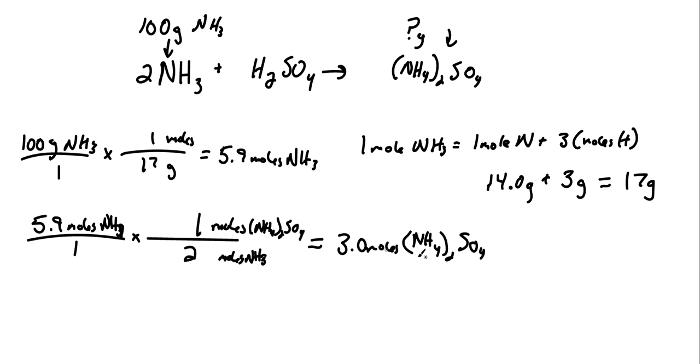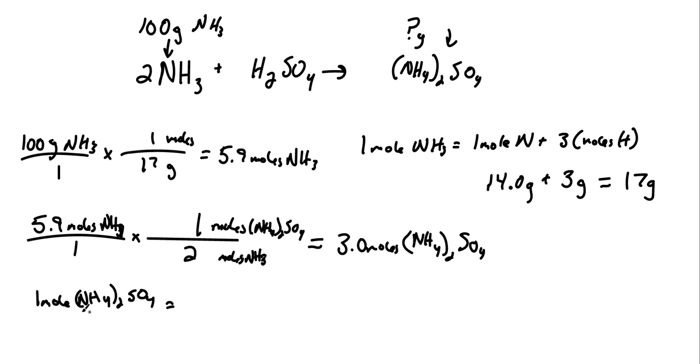In order to know how many grams we have, we have to know how much 1 mole of ammonium sulfate is. So let's take a look at 1 mole. Oops. Thinking ahead. There we are. (NH4)2SO4.